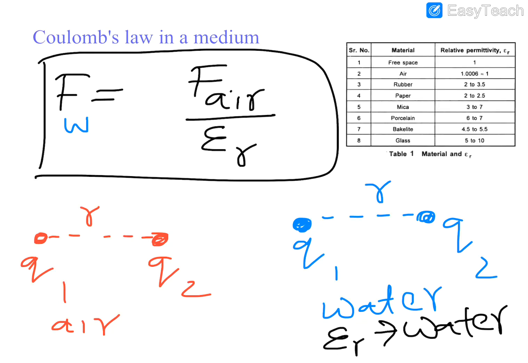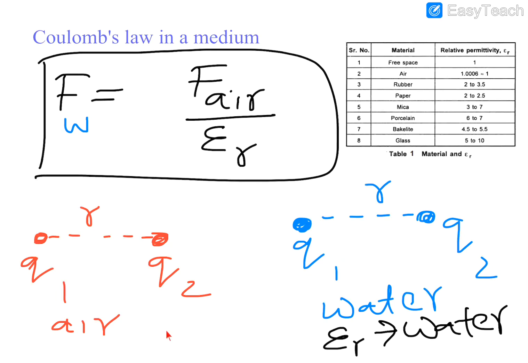And also if you check the table, you can see that air or free space has the minimum value of epsilon r. All the other mediums have an epsilon r more than 1. So for other mediums epsilon r is always more than 1. Here it is water, so for water also epsilon r will be more than 1.